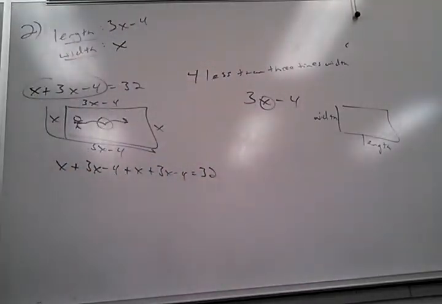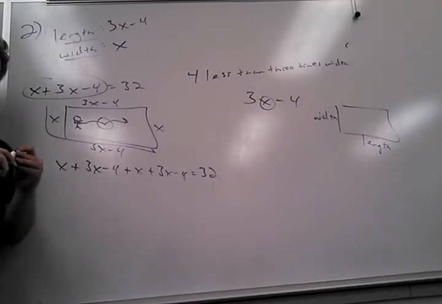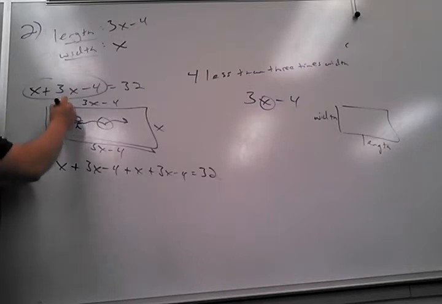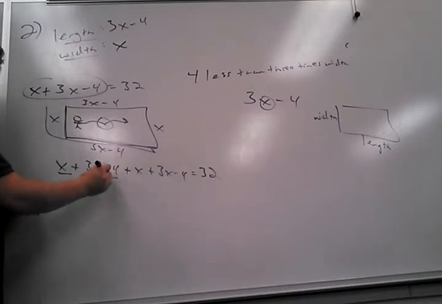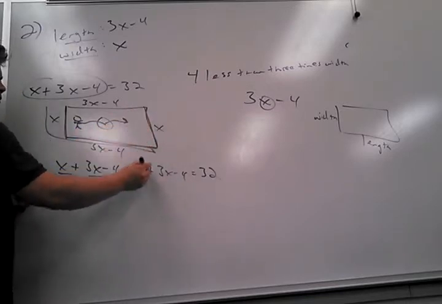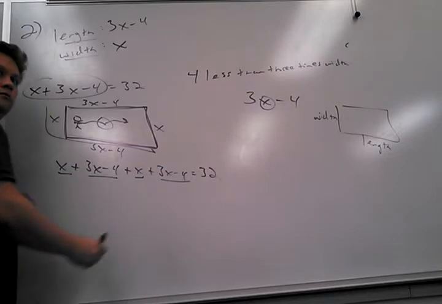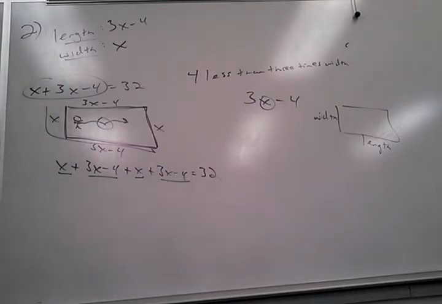All right, guys. So why you got 3x minus 4 on it twice if it's a full complete square? Because to go all the way around the square, how far do I have to walk? I have to walk x, and then 3x minus 4, and then x, and then 3x minus 4. Right? Just like to walk all the way around this, I got to go 7 and 5 and 7 and 5. Right?